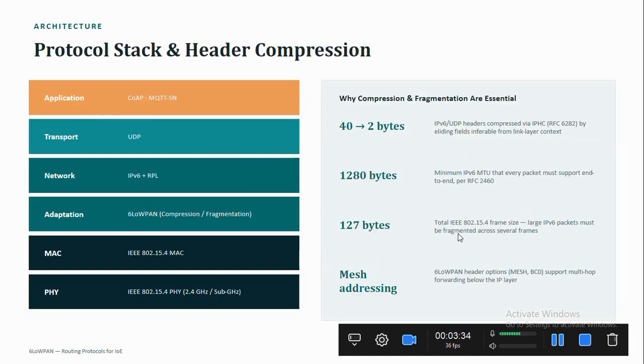So here we have the protocol stack and header compression: application layer, transport layer, network layer, adaptation layer, MAC layer and physical layer. In this structure the physical layer is the IEEE 802.15.4 physical layer, 2.4 GHz and sub-GHz, and the MAC layer is IEEE 802.15.4 MAC, followed by the adaptation layer, that is 6LoWPAN compression and fragmentation, followed by the network layer, that is IPv6 plus RPL, followed by the transport layer, that is UDP.